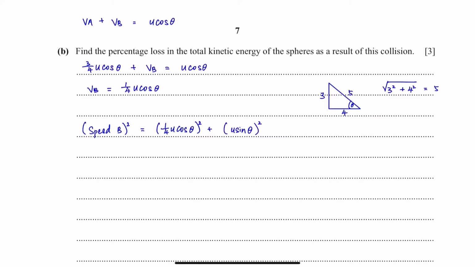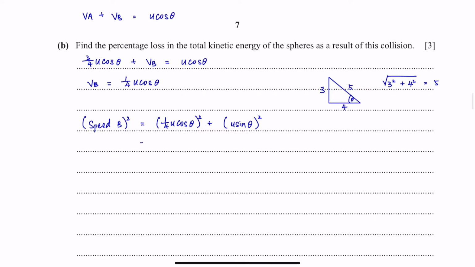So cos theta would be 4 over 5, and sine theta would be 3 over 5. So we have (1 over 4 u times 4 over 5) squared plus (3 over 5 u) squared, and this would give us 2 over 5 u squared.